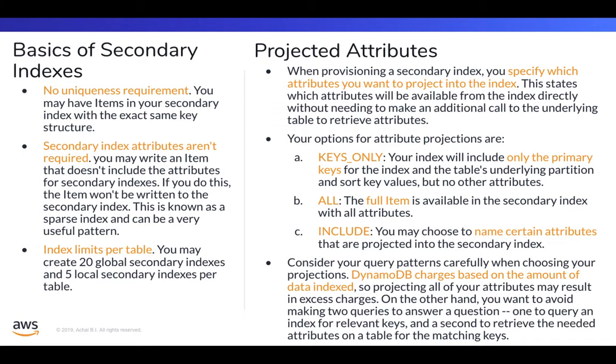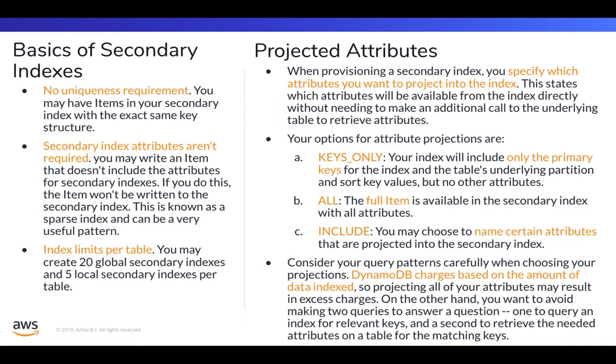If you're not choosing the right set of projected attributes, you might have to send another request or query to retrieve those attributes.